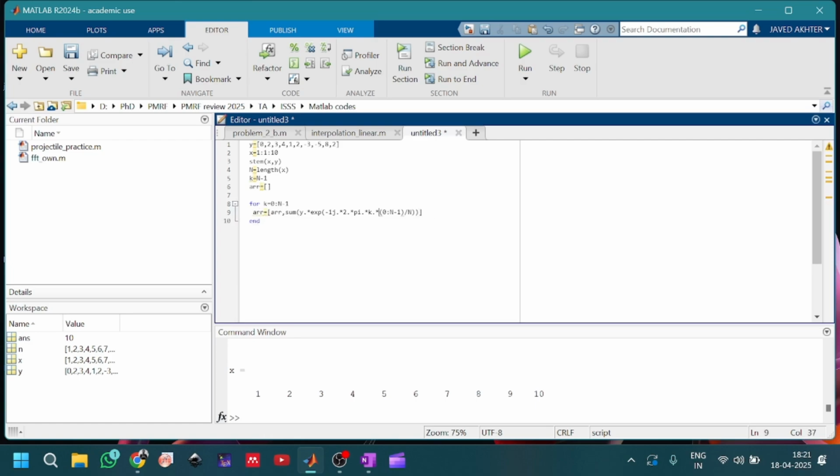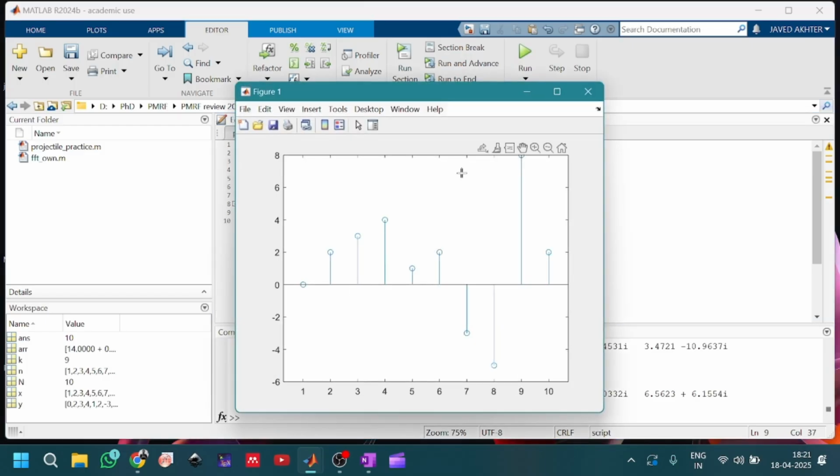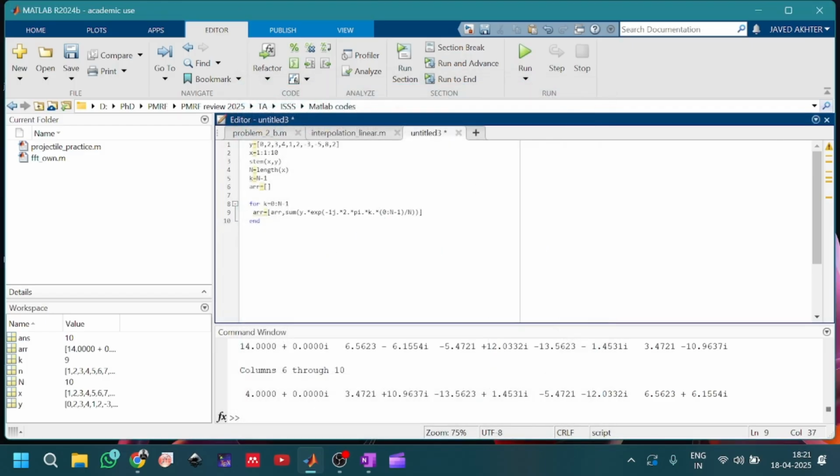So let me check the output now. So let me check the length of the array.